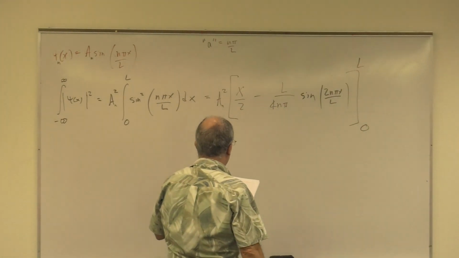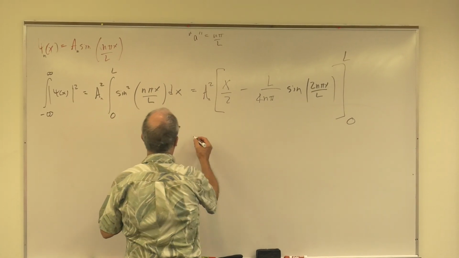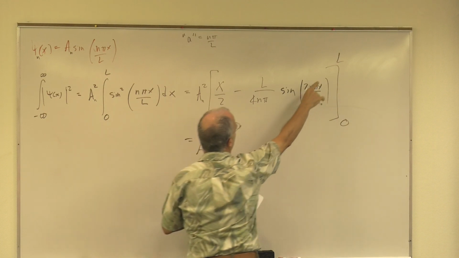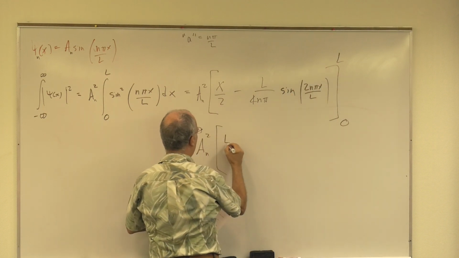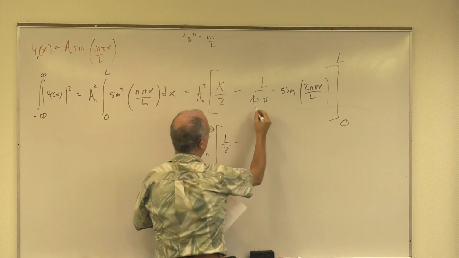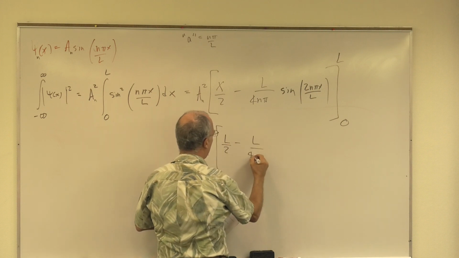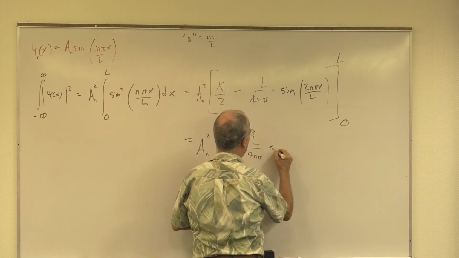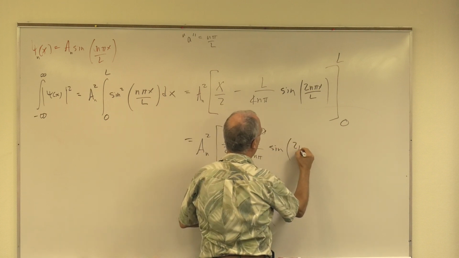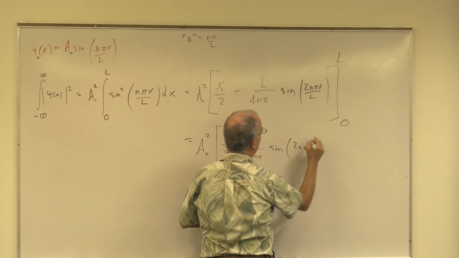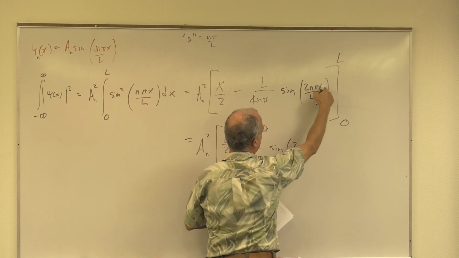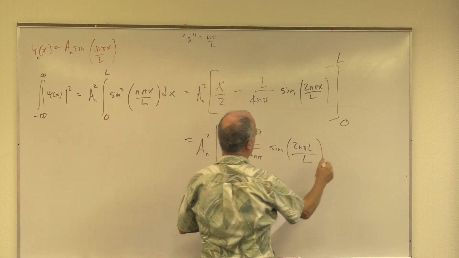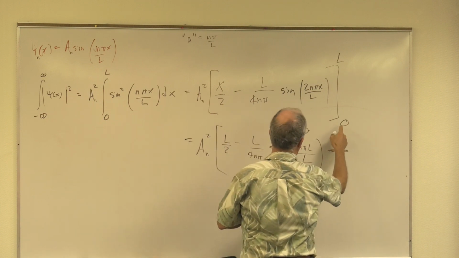All right, you ready? Let's do it. So then we have A n squared times L over 2 minus L over 4n pi sine of 2n pi L over L, and then minus, we just put in 0.